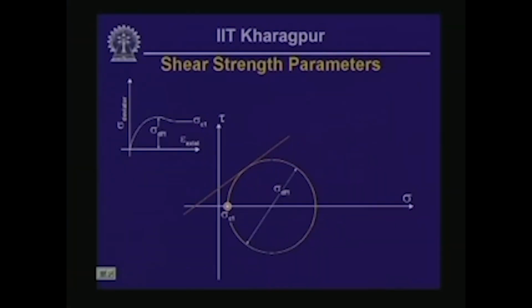At the end of the lesson, I said that what we have to accomplish for obtaining the shear strength parameters is to plot the Mohr circles representing the state of stress at failure for each one of those tests. So that is what we do in this particular slide.